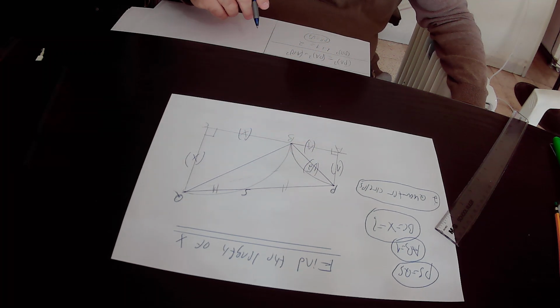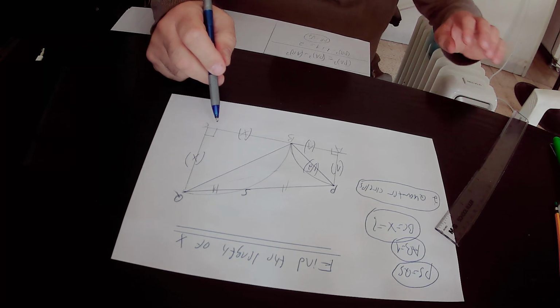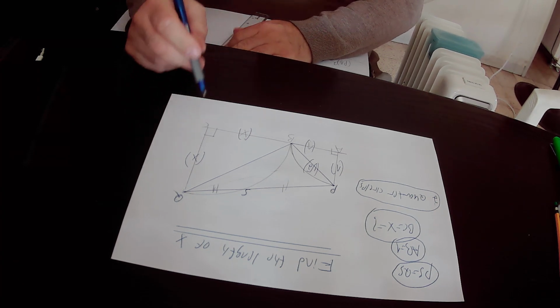Likewise, we repeat the same process on the right triangle QCB. So I copy the right triangle QCB in a new page, and we implement the Pythagoras theorem in this right triangle QCB.